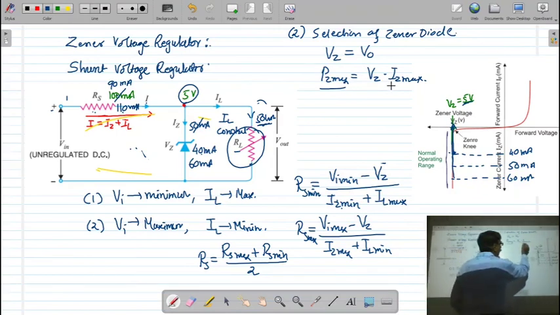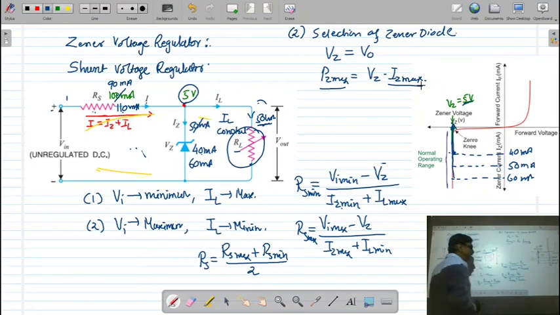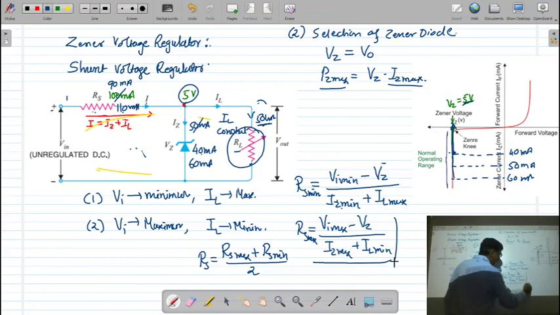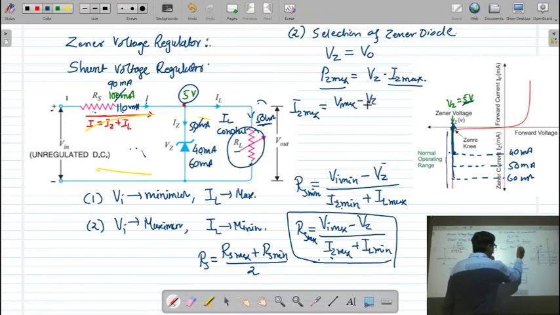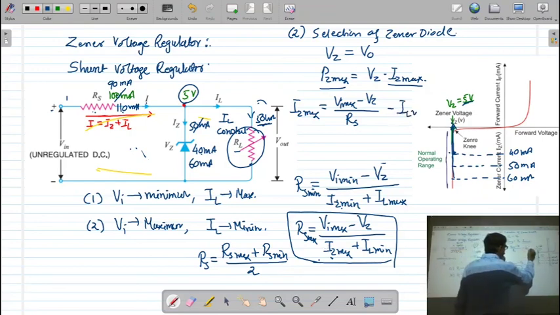And for that you should know my Iz maximum, and that Iz maximum you can calculate from this formula. Remember, Iz maximum will be equal to Vi maximum minus Vz divided by Rs, minus IL minimum.